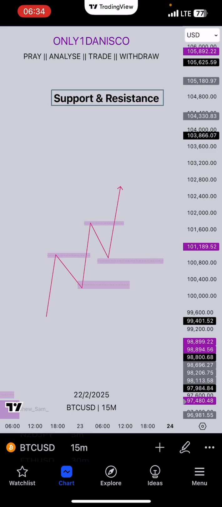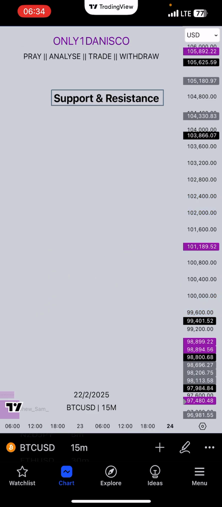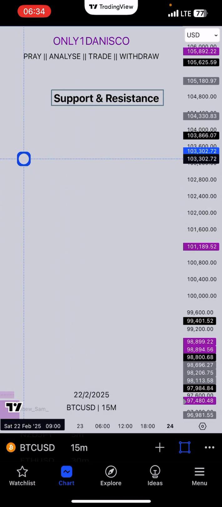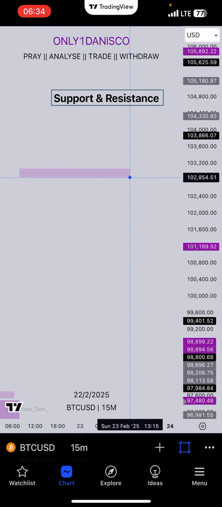Using this format, let's explain it better. I will first of all draw the resistance and the support. Let's assume these are zones.